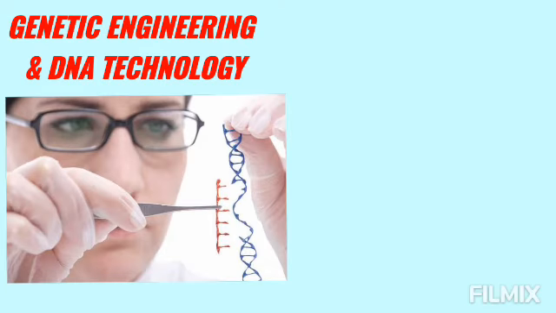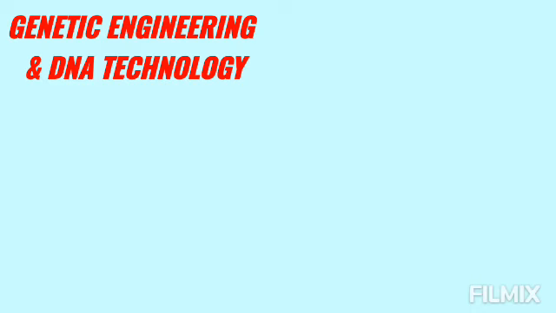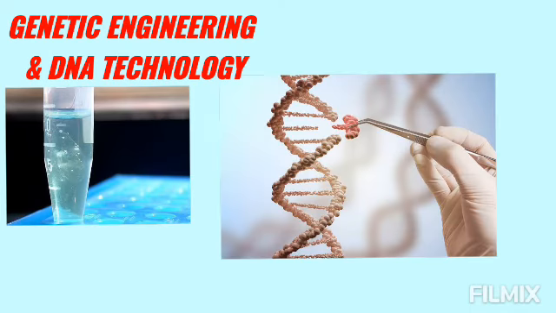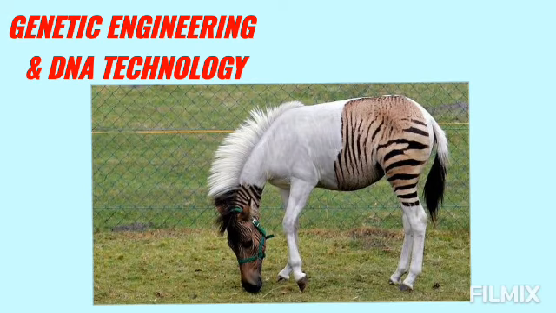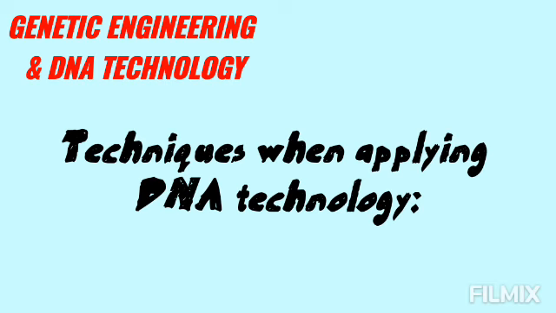Genetic engineers today apply DNA technology to determine how genes control a specific biological trait. Sometimes, they have to extract, copy, or insert a part of the DNA into another organism to produce a hybridized organism. Some techniques that genetic engineers use when applying DNA technology are listed in the table.